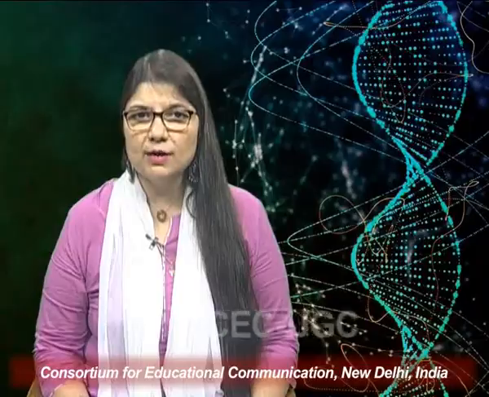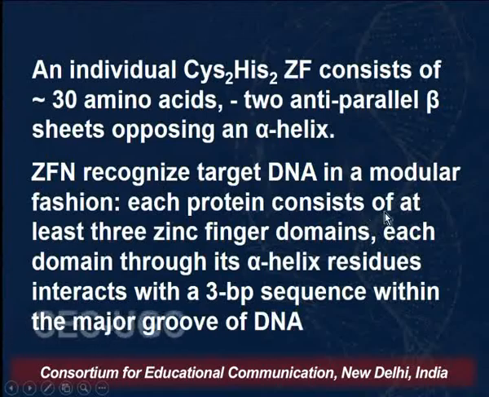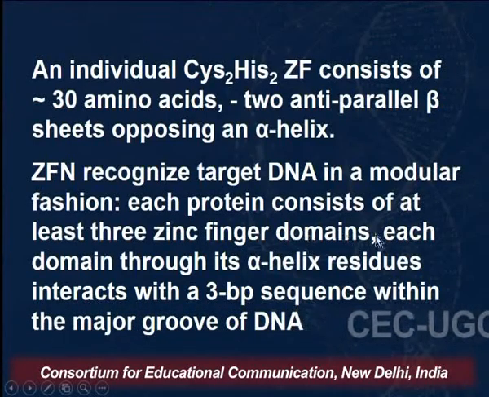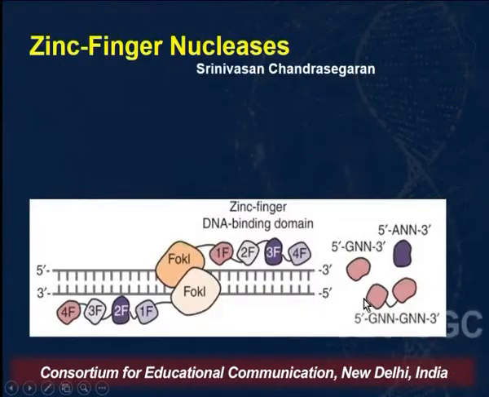Now these zinc finger proteins recognize the target DNA in a modular fashion. Each protein consists of at least 3 zinc finger domains. Each domain, through its alpha helix residues, interacts with a 3 base pair sequence within the major groove of DNA. When they arrange as a dimer, they recognize 2 sets of 3 base pair sequences, as shown here.